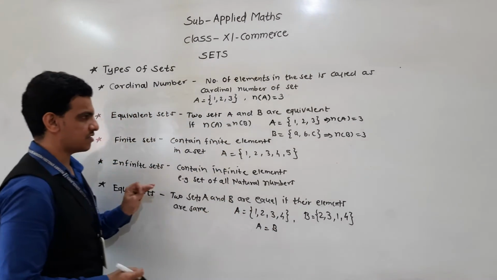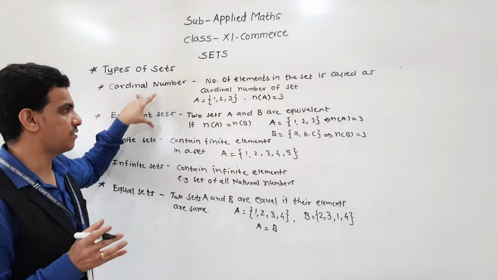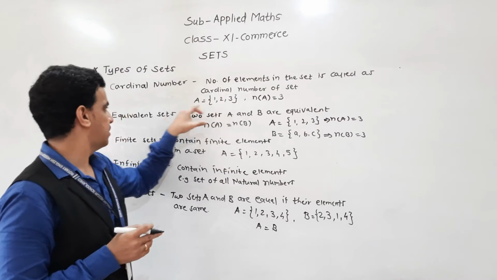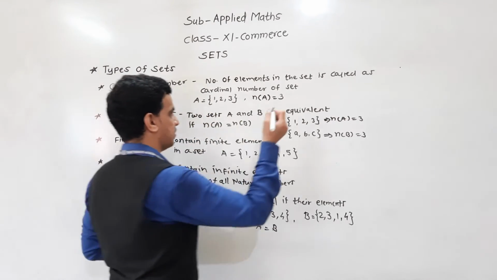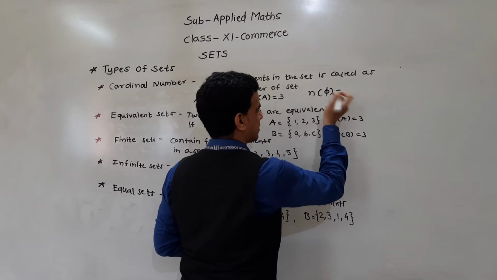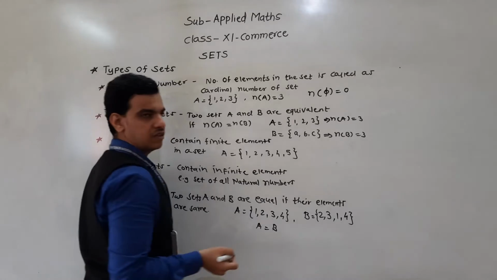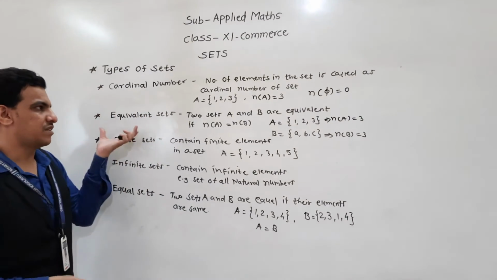So we can say that these two sets are equal sets. Understand these terms. Cardinal number means the number of elements in a set, so the cardinal number of the empty set phi is 0, because no elements are there.